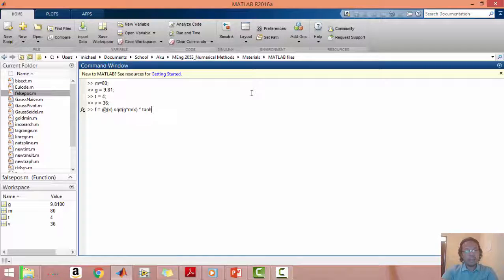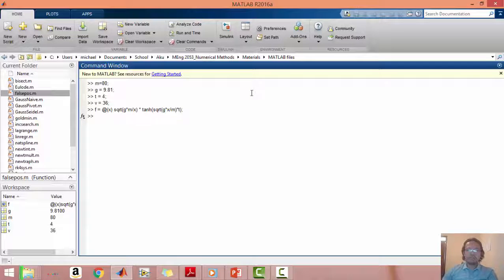We can use tanh, the hyperbolic tangent, of the function. So you see this help here came out. And then the square root of g times x over m, and then times t. Okay, close, and then this is it. So f is a function of these terms; these are all constant.